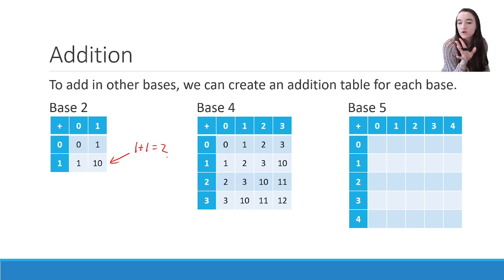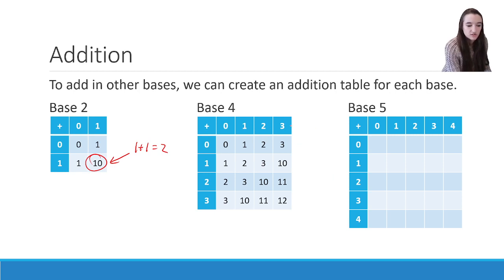Well, here we're working with low numbers, so quite often we can do this conversion in our head. The question is, how many 2's until I get to 2, and what's left over? How many 2's is 1 two with 0 left over, which is how we get 10 as our 2 in base 2.